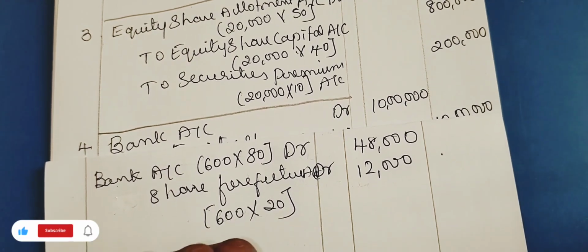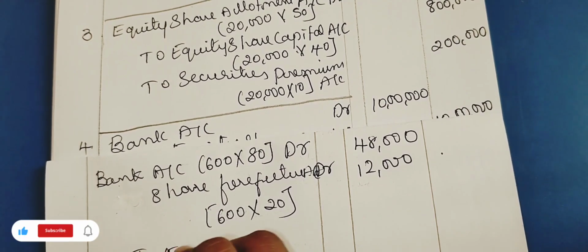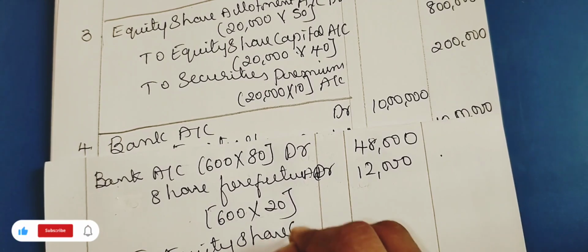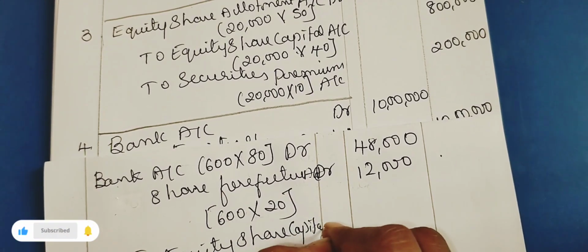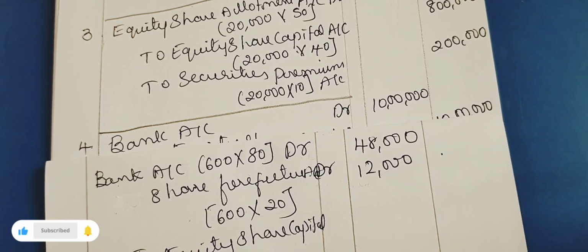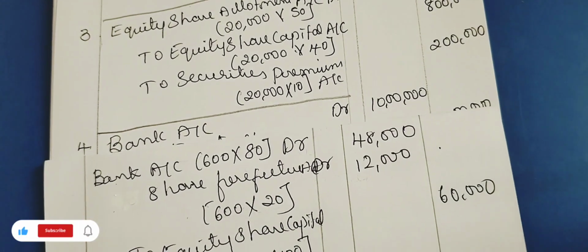Then to equity share capital account, that is 600 into 100, 60,000. 48 plus 12, 60,000.